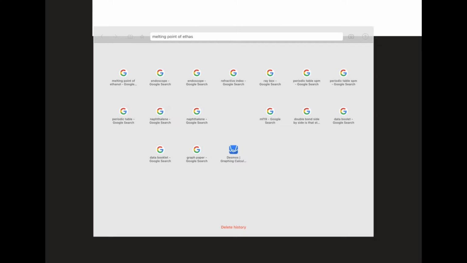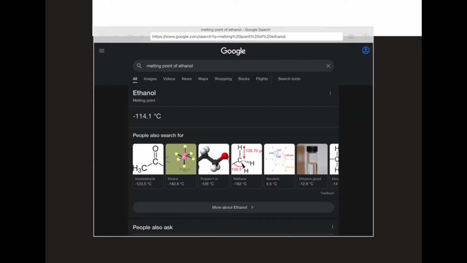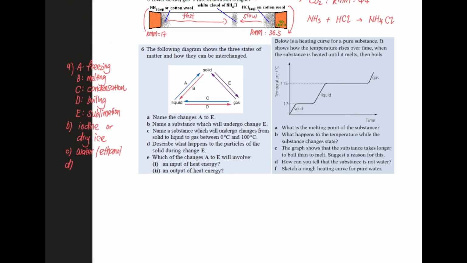Okay, let's see the melting point of ethanol. From here you see at 0 degrees Celsius it is still liquid. So because of that, we can't take ethanol. Let me rub it away, because it's just liquid and gas in this range of temperature.